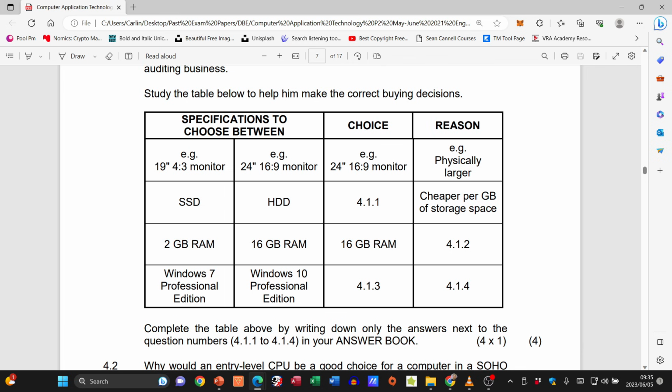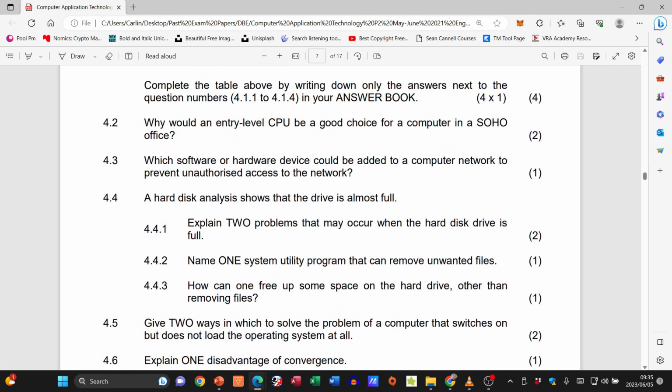Right, let's continue through this. Let's look at some of the questions. These are the typical things that come up, so you do want to pay attention to that. 4.2, why would an entry-level CPU be a good choice for a computer in a Soho office? Now, we already mentioned that earlier. We spoke about the fact that the Soho user will many times use an entry-level PC simply because it has enough processing power for what they need.